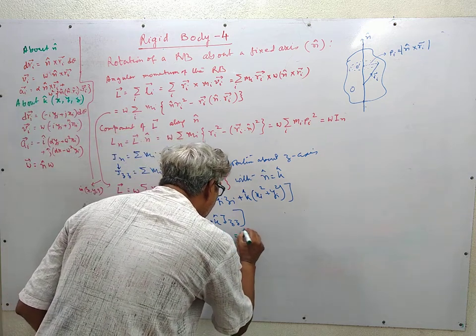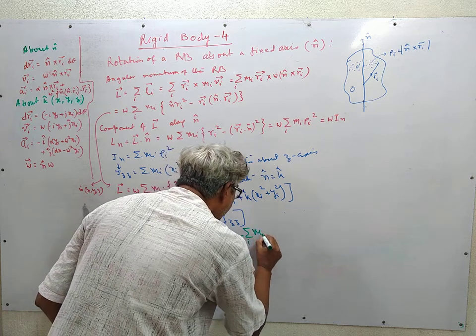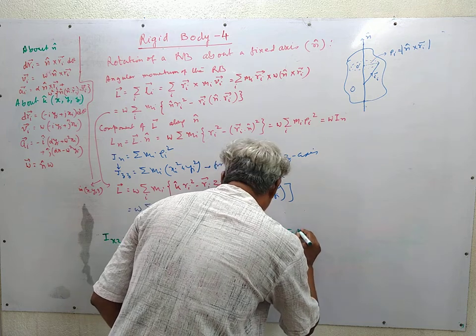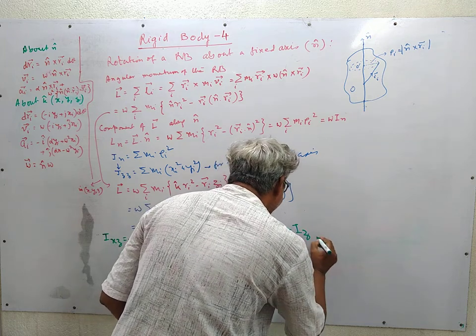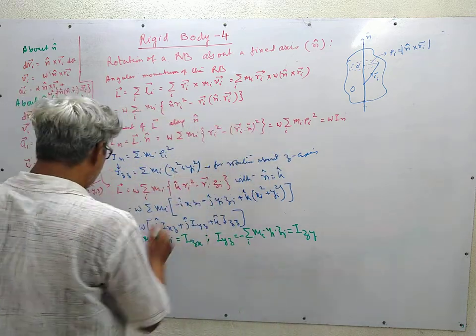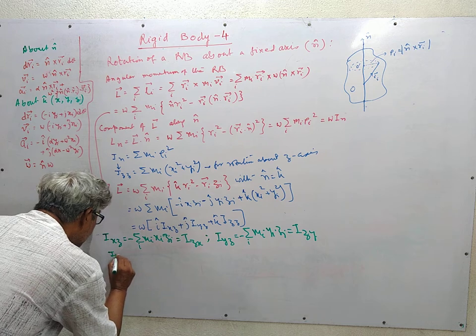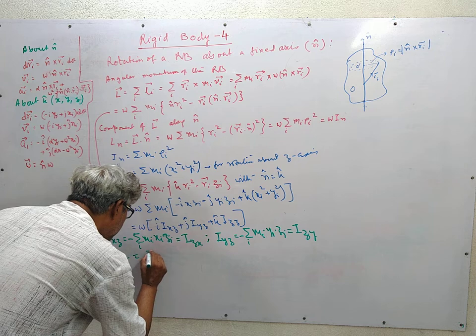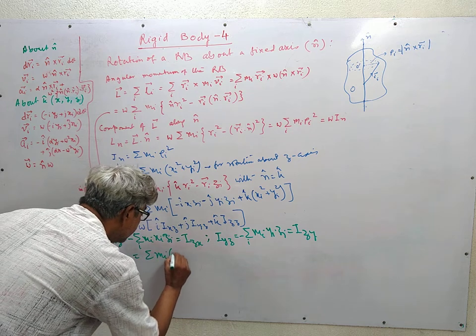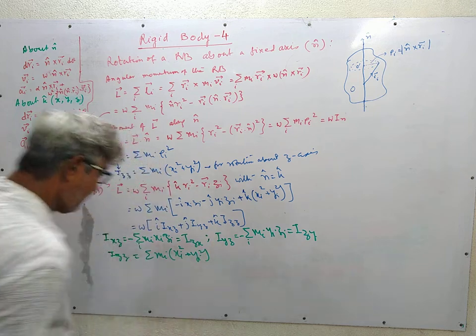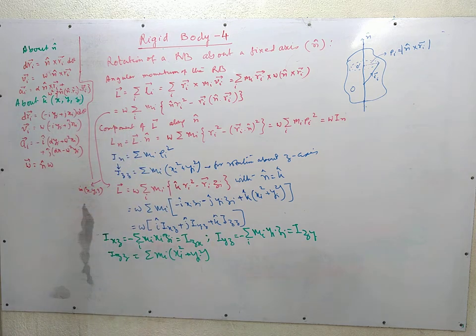Iyz is defined as minus summation over i mi yi zi. This is obviously equal to Izy, and Izz was defined earlier. These are the moment of inertia and product moment of inertia.